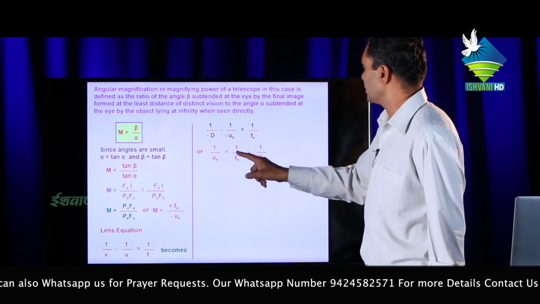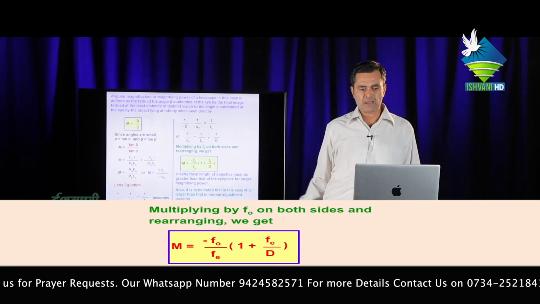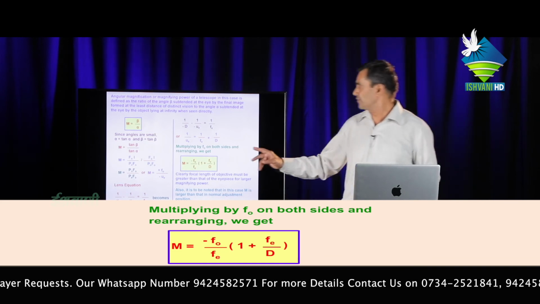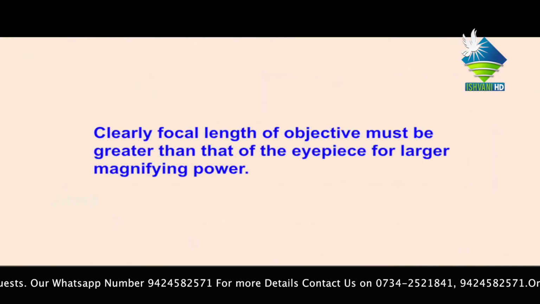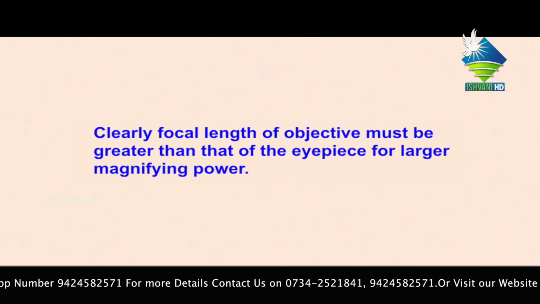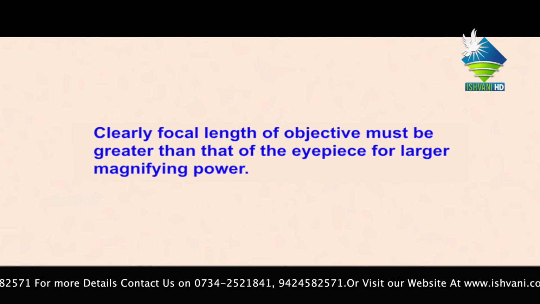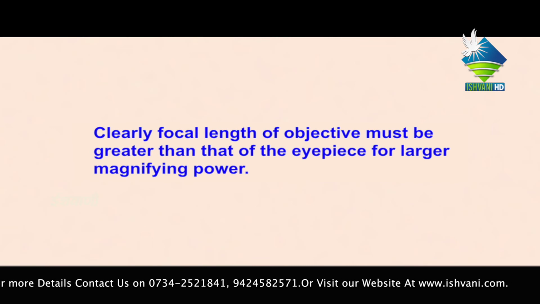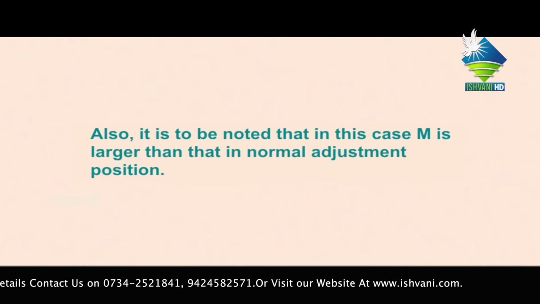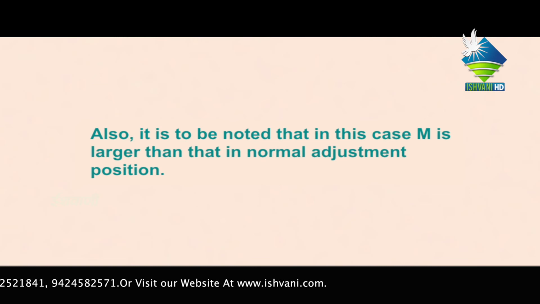So 1 upon ue equals 1 upon fe plus 1 upon d. Multiplying by FO on both sides, we get this relation. Clearly, the focal length of the objective must be greater than that of the eyepiece for larger magnifying power. Also, it is to be noted that in this case, capital M is larger than that in the normal adjustment position.